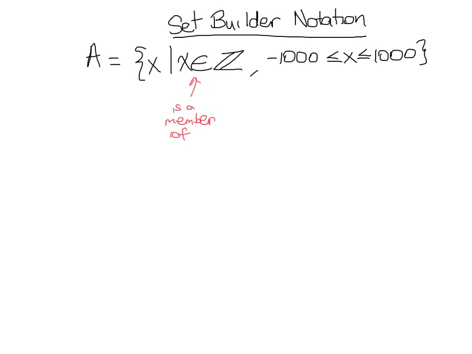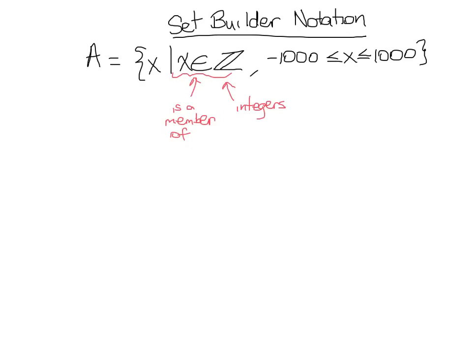So basically, this portion of our set builder notation is telling us that x will be a member of the set of integers. It's describing for us that x values are whole numbers in this case.